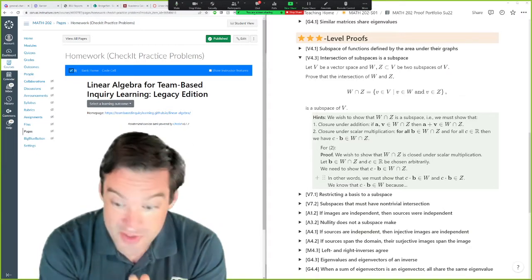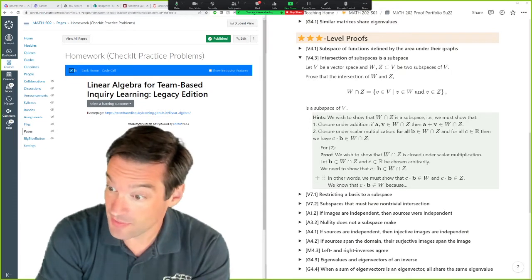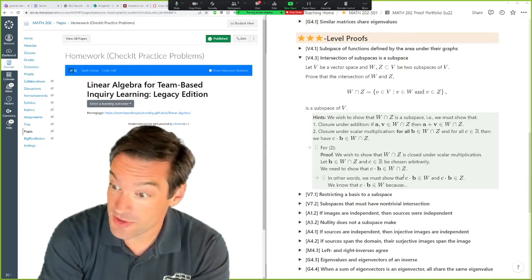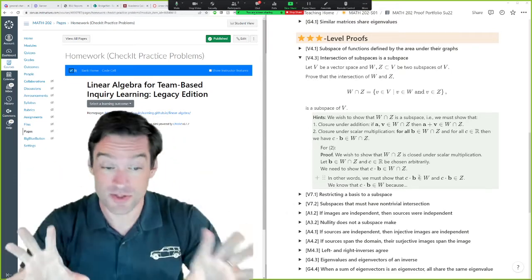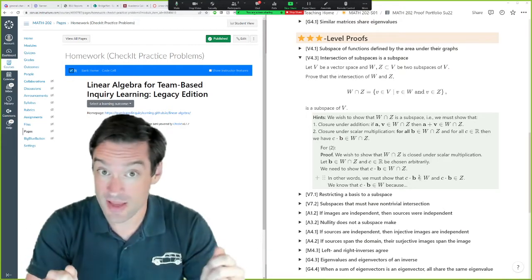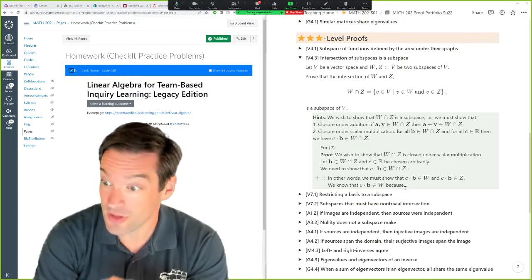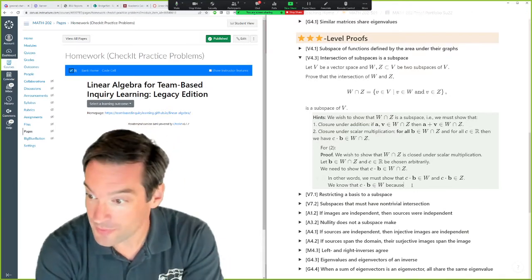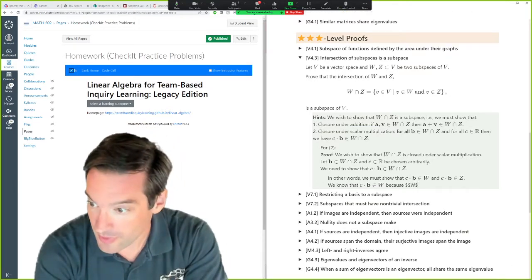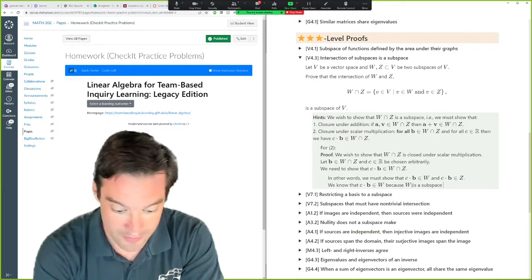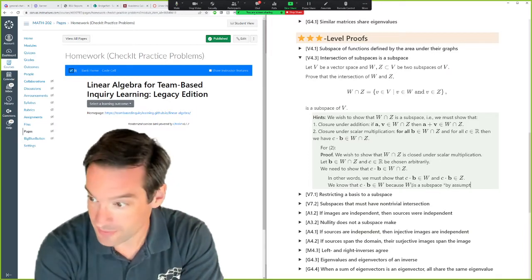So once we have split apart this assertion that c times b belongs to the intersection into these two individual assertions that it's a common element to W and Z, now we're in good shape, because to show that c times b belongs to W, we just have to remember that W is a subspace by assumption, right?